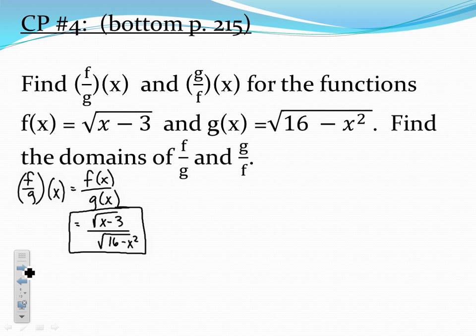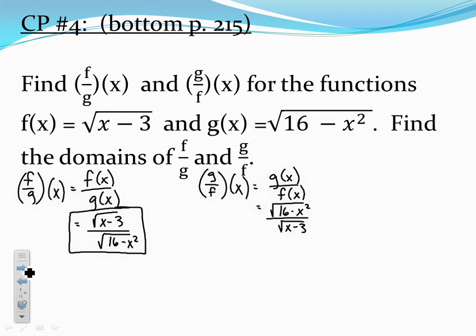Then, likewise, we do the other one. So now we have square root of 16 minus x squared all over square root of x minus 3. Okay, so those are the two functions that we come up with when we divide these functions.